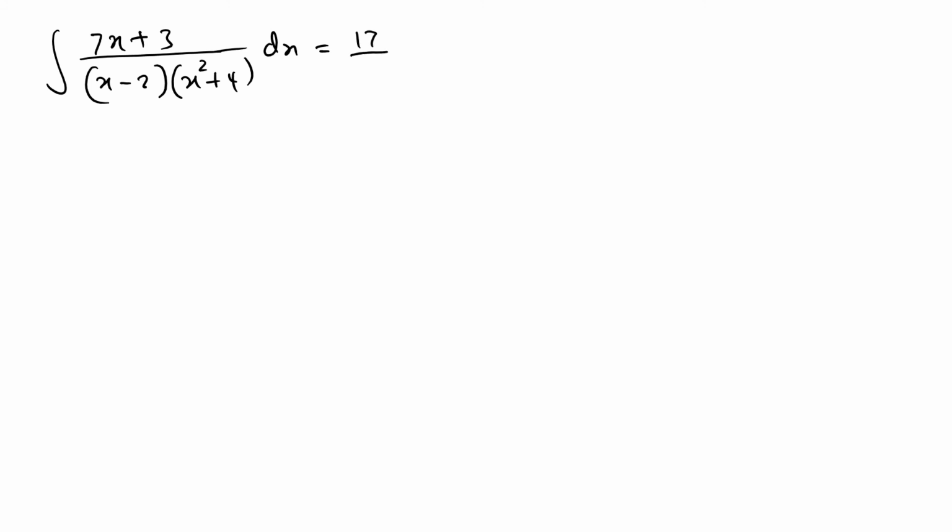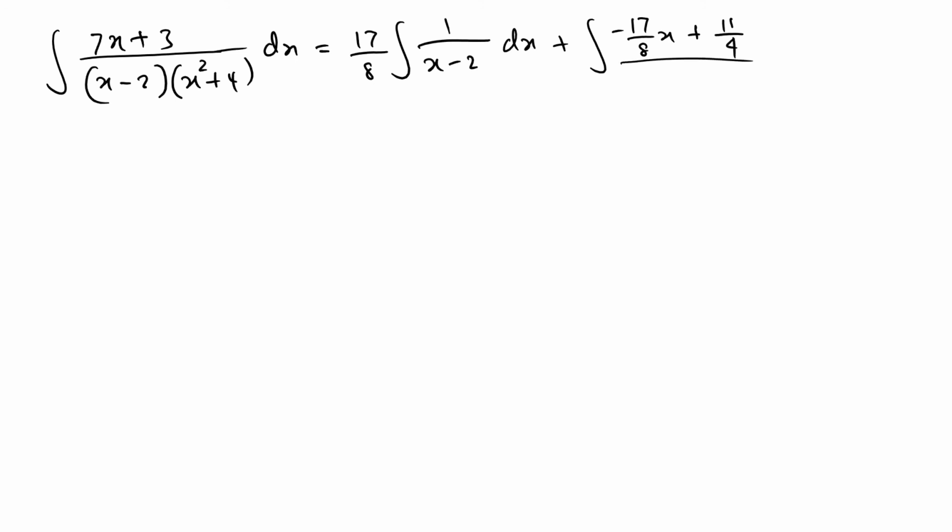So 17 over 8, the integral of 1 over x minus 2 dx, and then we have negative 17 over 8 x plus 11 over 4 divided by x squared plus 4 dx.